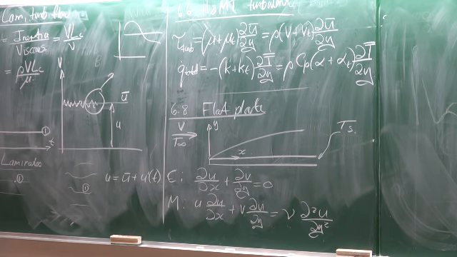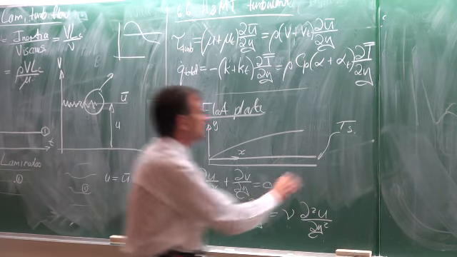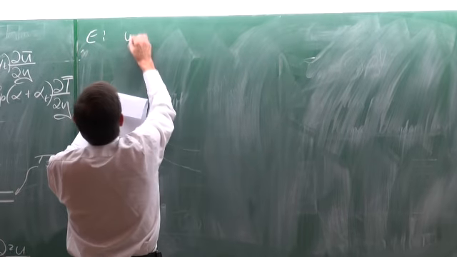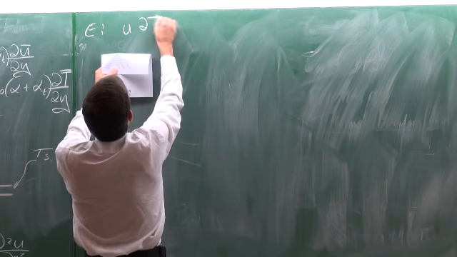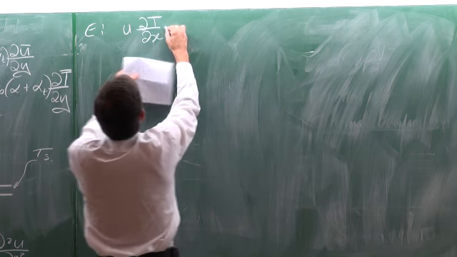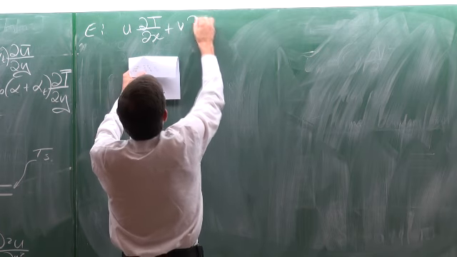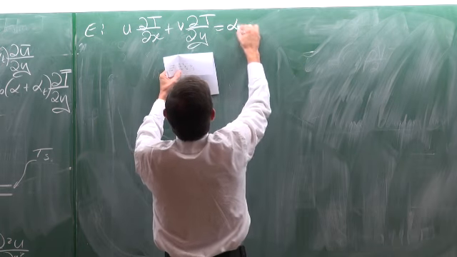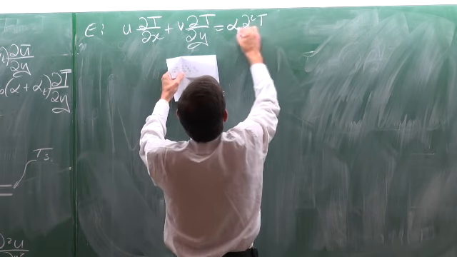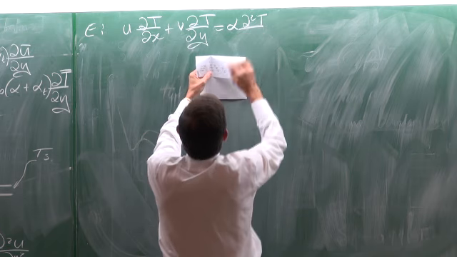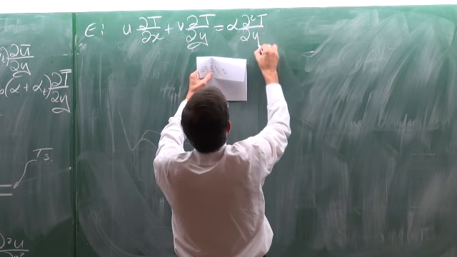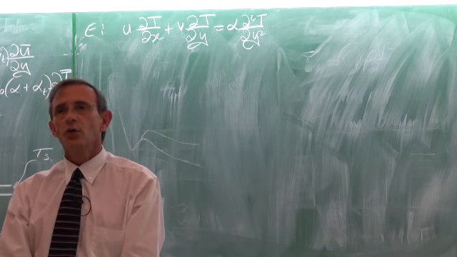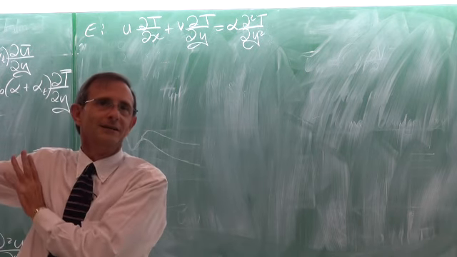And then the third equation is the energy equation: u multiplied by partial dT/dx plus v multiplied by partial dT/dy is equal to alpha multiplied by partial d2T/dy squared. The question is, solve it for me, please.